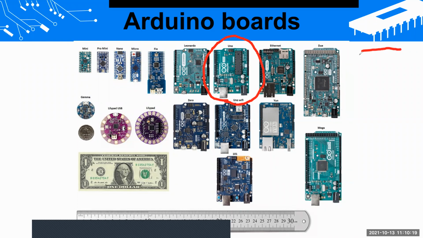In that shield, for example the Ethernet shield, it has an Ethernet port and an SD card, and you can plug this into these pins on top of this Arduino Uno.